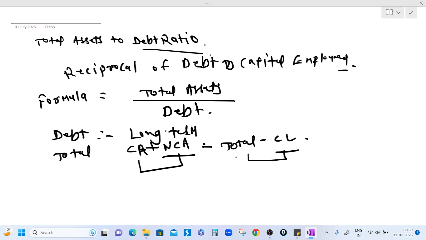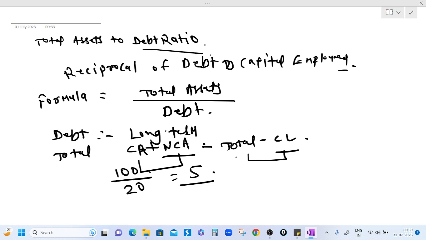Okay, so the higher the ratio, the more will be the security. The long term debt provider will think about how much of the total asset is financed by outside employment. Suppose in a balance sheet total is 100 while long term loan is 20, so it means the ratio is coming 5.